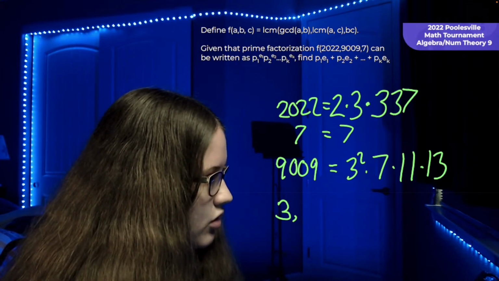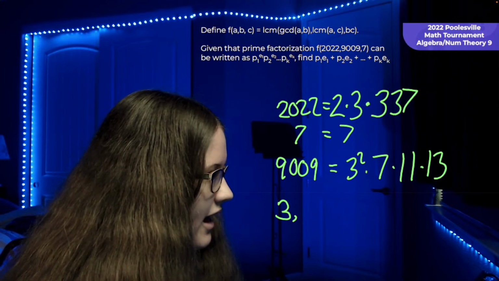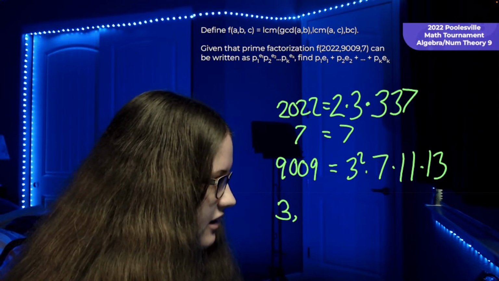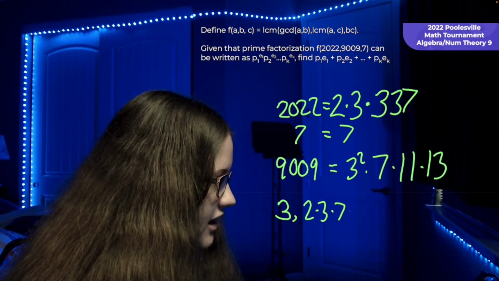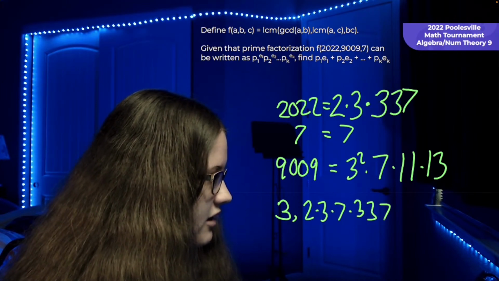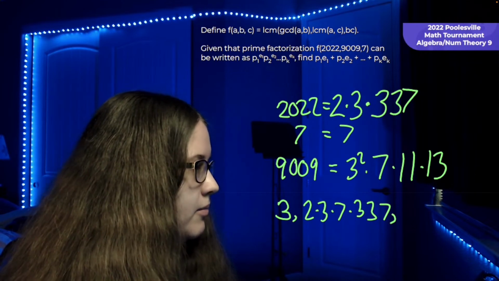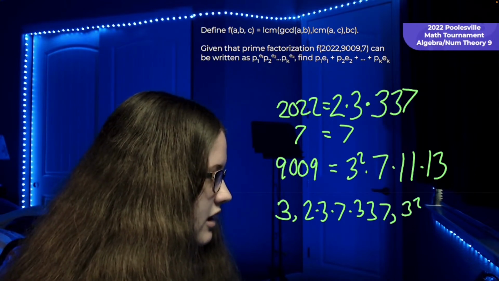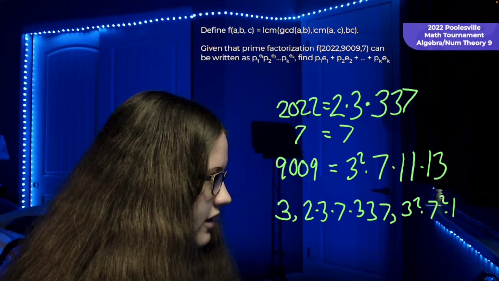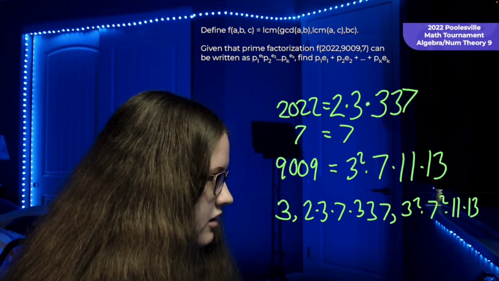Least common multiple of A and C is 2 times 3 times 7 times 337. And BC is 3 squared times 7 squared times 11 times 13.